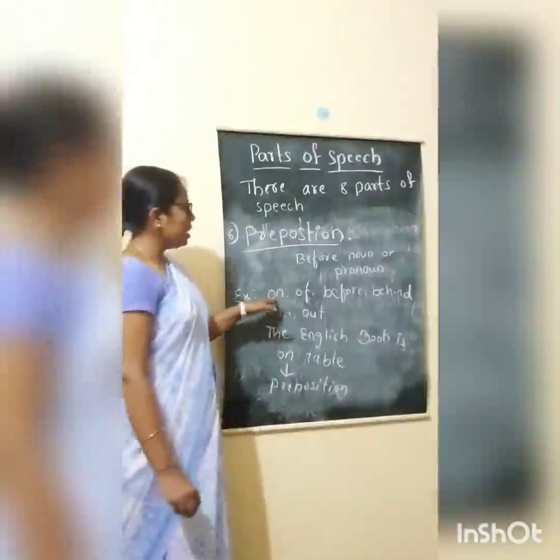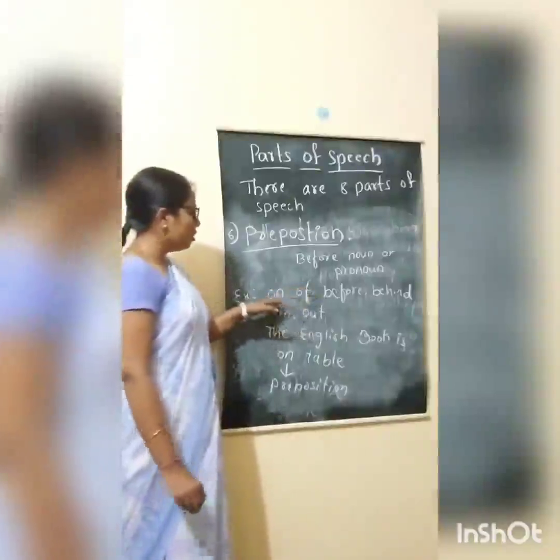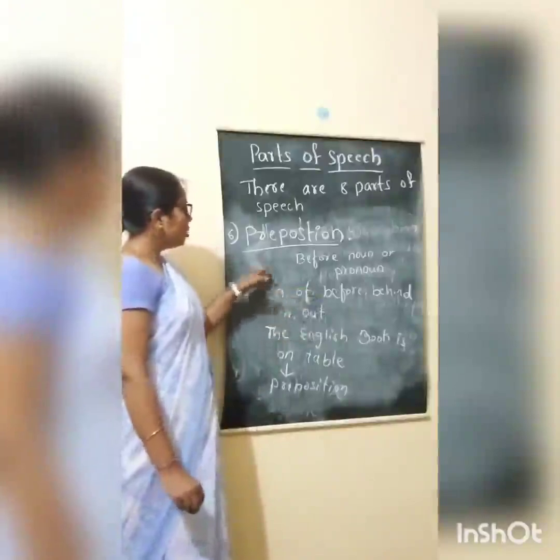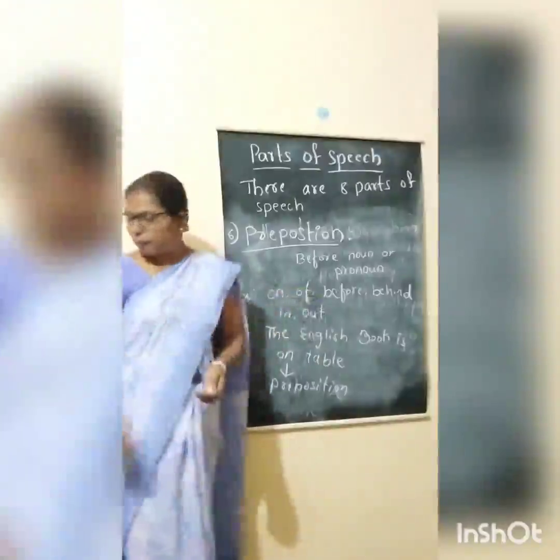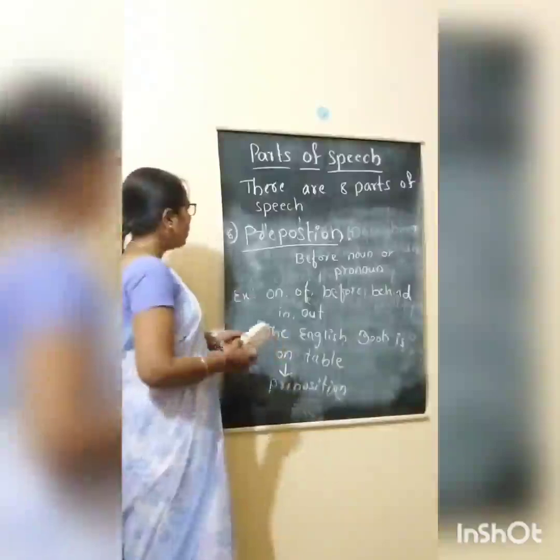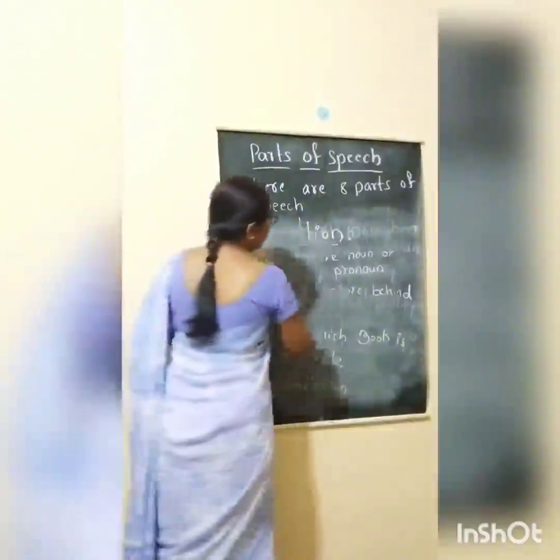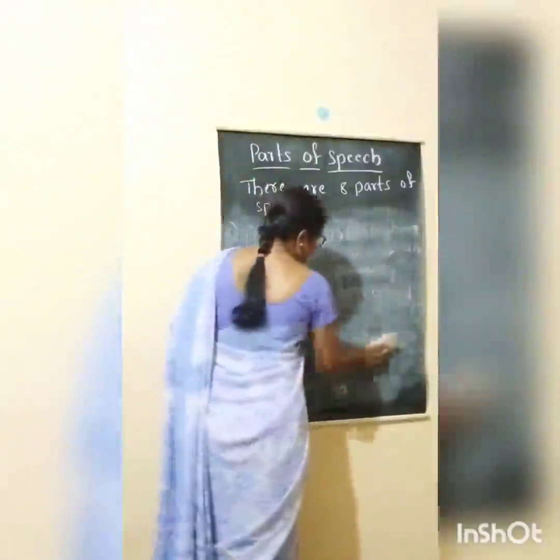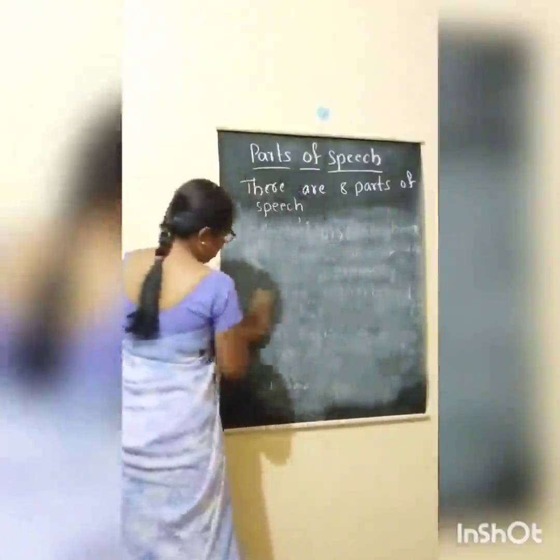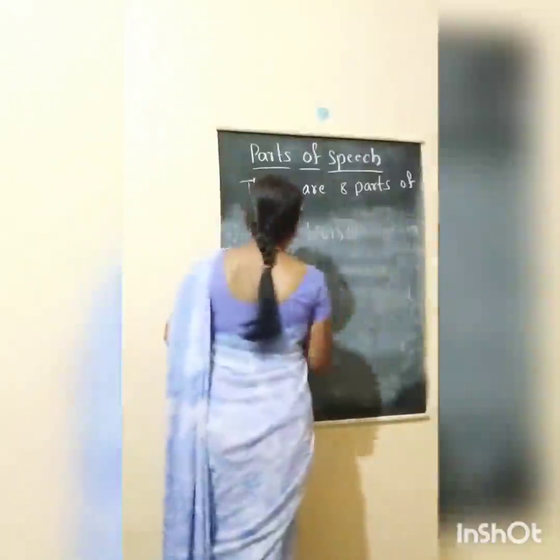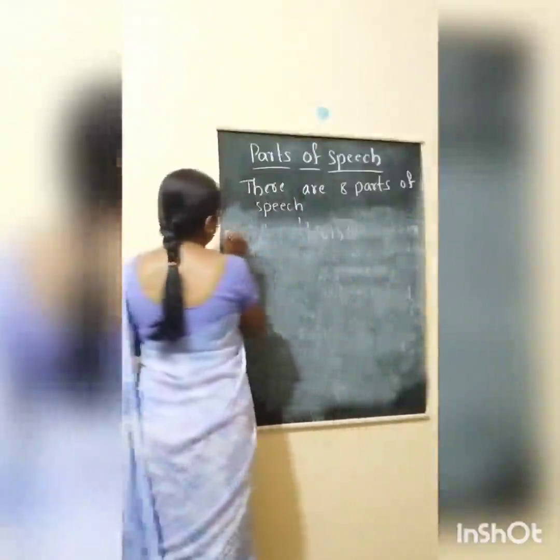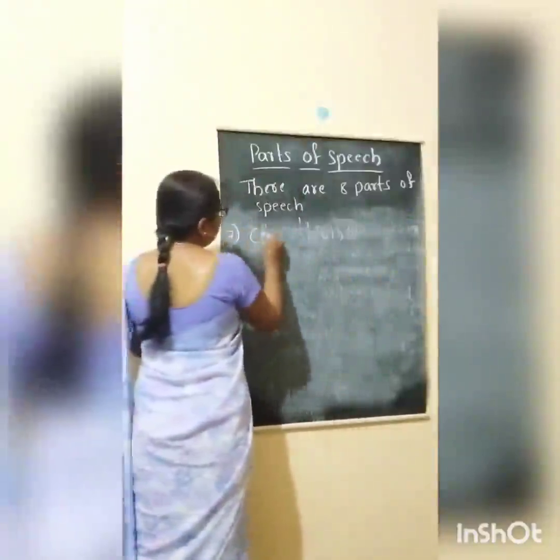If we get in a sentence similar types of words, these words are called prepositions. Now I will explain the seventh one, that is conjunction.